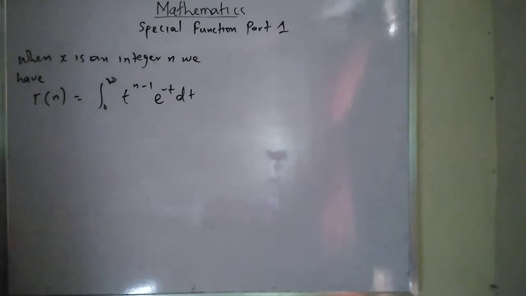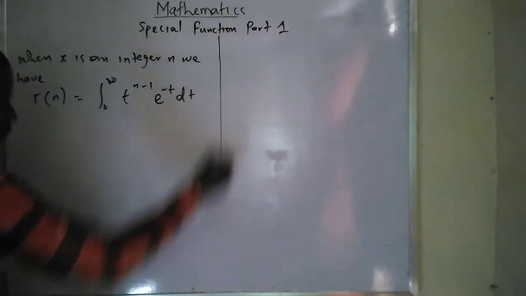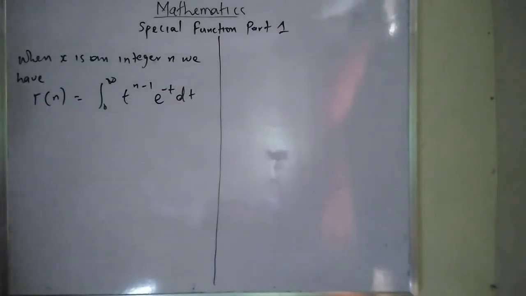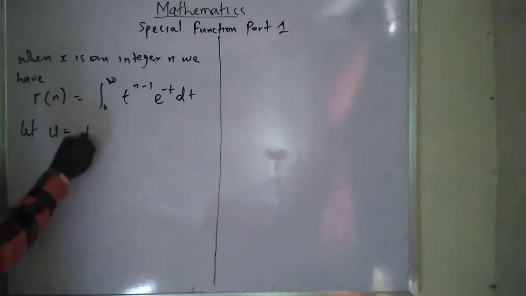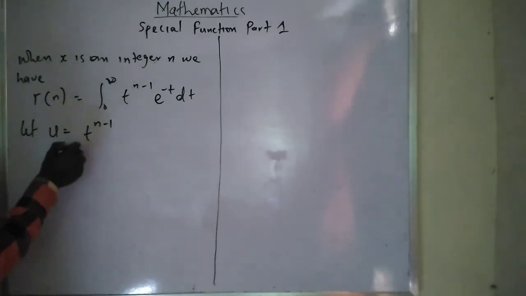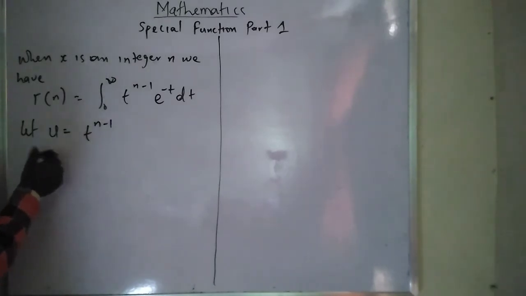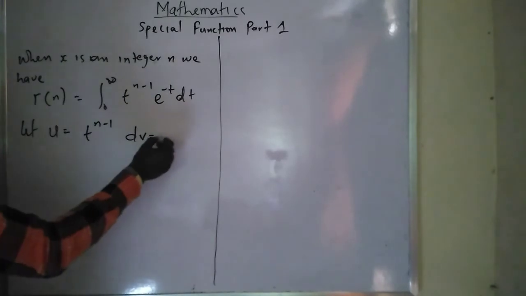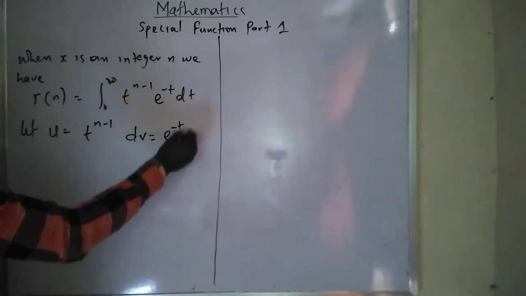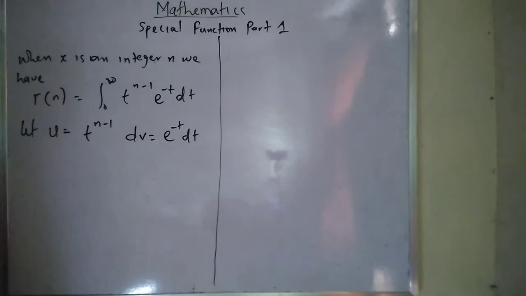Now, if I want to go from here, what is very important is that I must understand my integral by parts very well. What I will just do: let my u equal t raised to power n minus 1, and my dv equal e raised to power minus t dt.